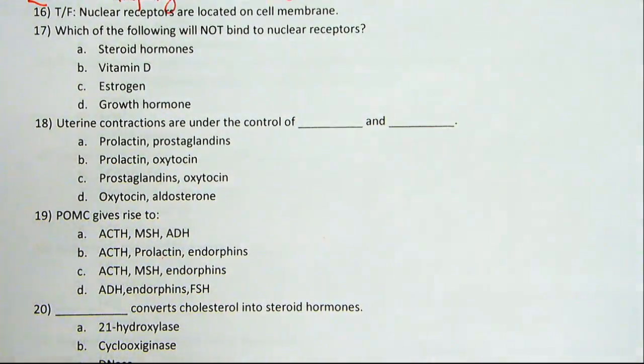Number 17. Which of the following will not bind to nuclear receptors? Okay, so what do steroid hormones, vitamin D, and estrogen have in common? What is their precursor? Cholesterol.